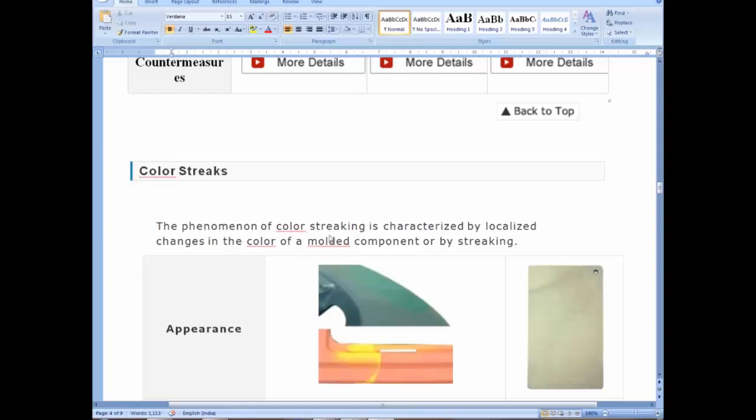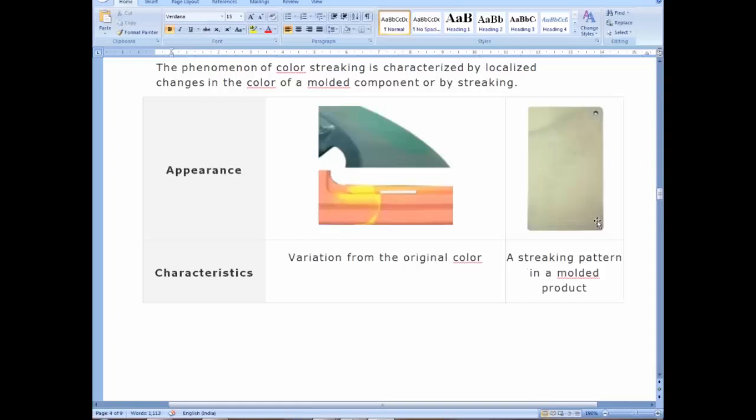The phenomenon of color streaking is characterized by localized changes in the color of a molded component, or by streaking. That means characteristic variation from the original color.